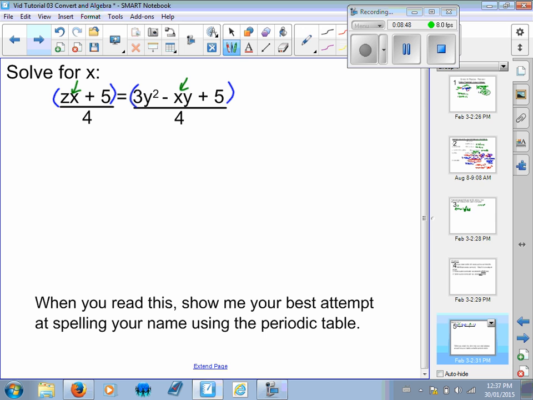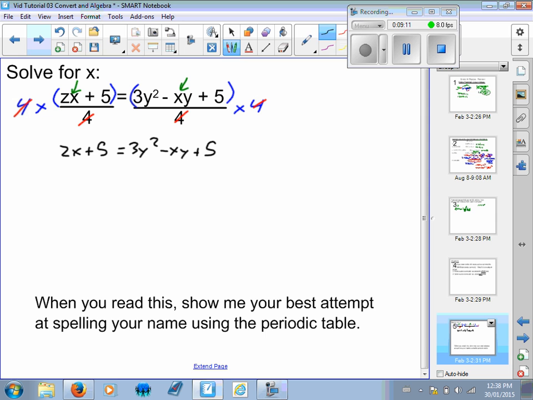So we're going to multiply both sides times 4. I'm going to put a times 4 over here, I'm going to put a times 4 over here. Now when you do that, those two 4's cancel. They're gone. So our next line is going to be zx plus 5 equals 3y squared minus xy plus 5.